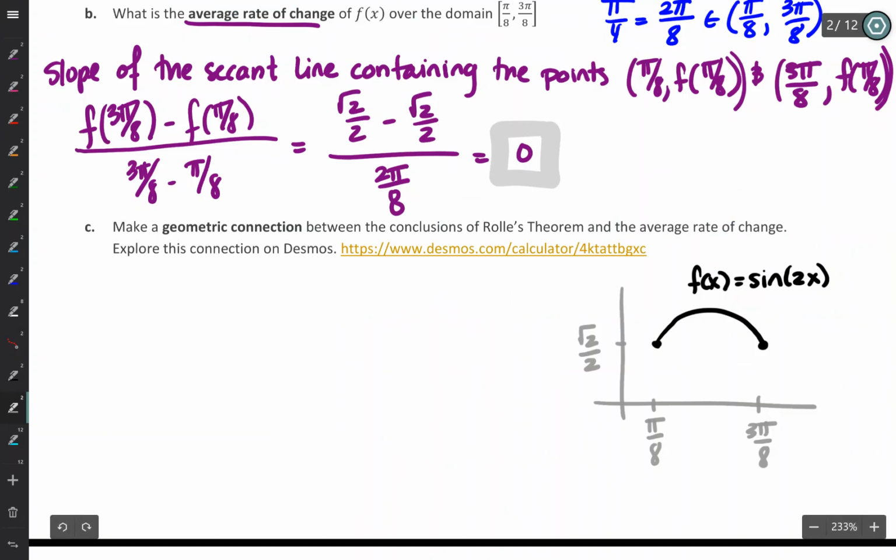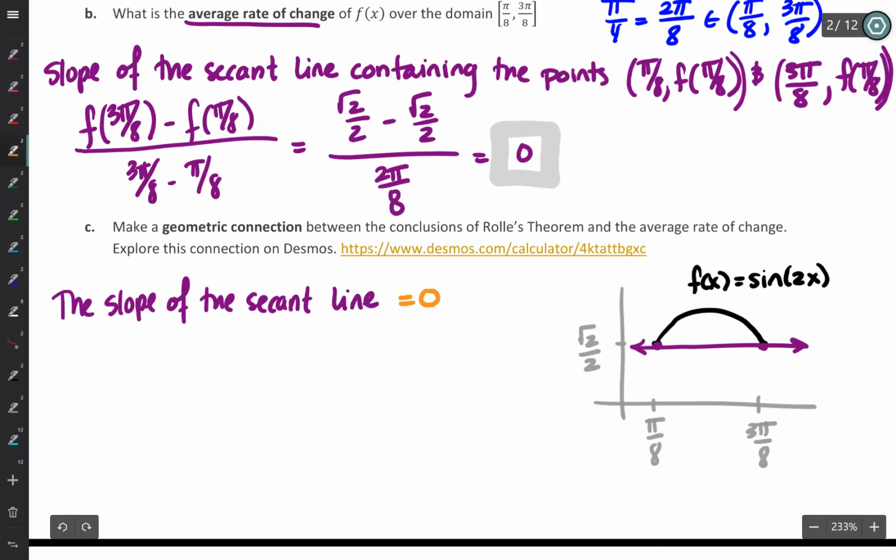All right, so we just got a little bit of a sketch. Here's my sine 2x on the domain pi over 8 to 3 pi over 8, and we sent both those x values to the same y value, root 2 over 2. My average rate of change, the slope of the secant line, is 0. And right here, the slope of my tangent line is also 0.